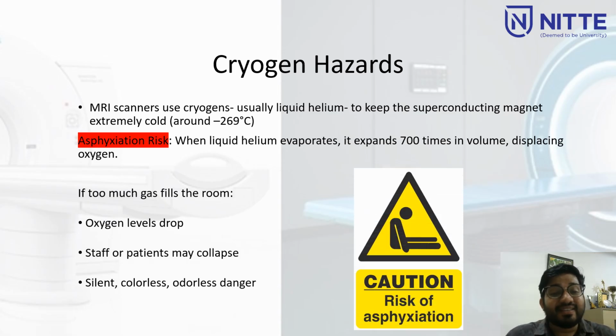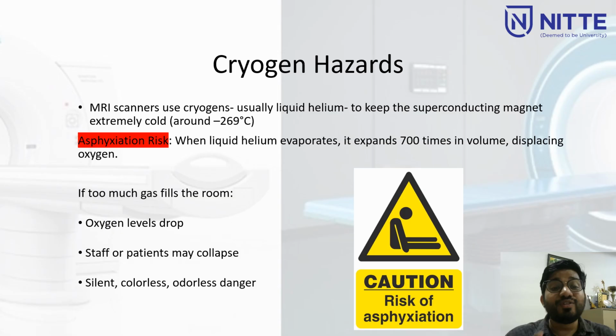What is the asphyxiation risk? Asphyxiation is when you don't get enough oxygen in your body tissues. When liquid helium evaporates, it expands 700 times in volume, displacing the oxygen from the room.